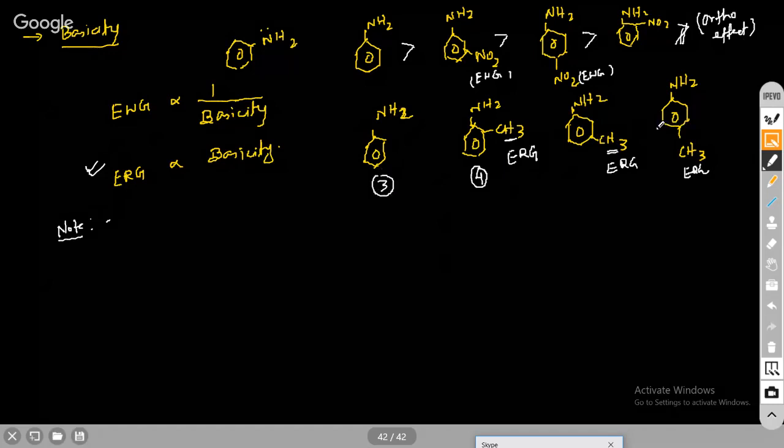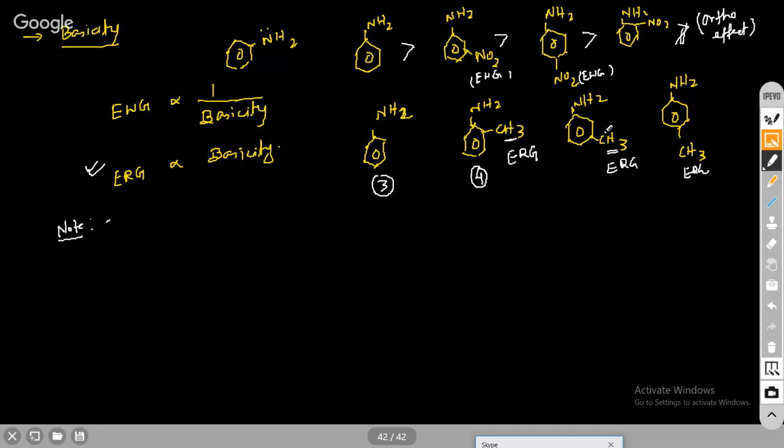Yes, and this one will have what? Plus I effect we have to see. So plus I effect is maximum for CH3, which is electron releasing, right? So we have it at two positions, meta and para position.